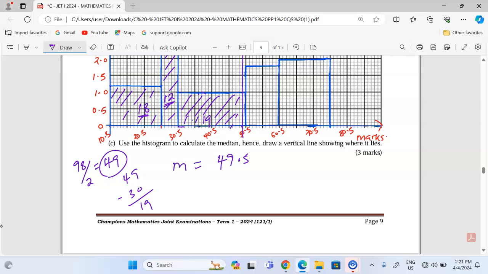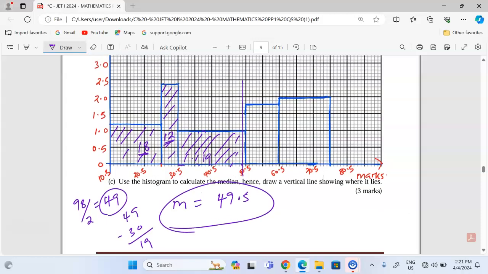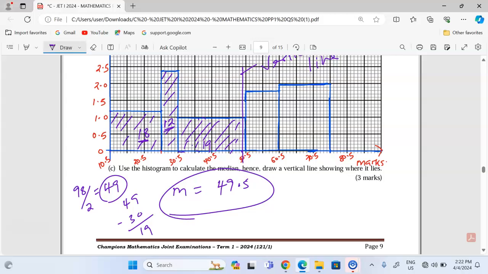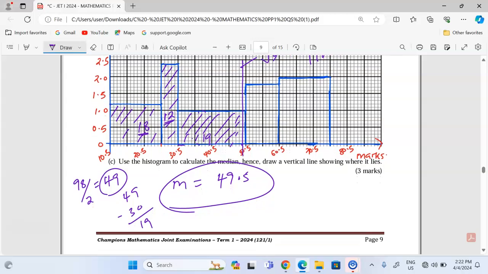So the median is 49.5. When you work out using the formula for median, you are going to confirm the same. So this is the vertical line which shows where the median lies. You consider the area which will give us half the number of students. So that is the area now.